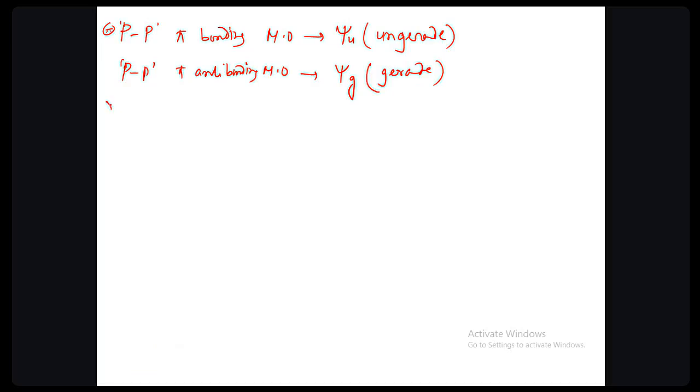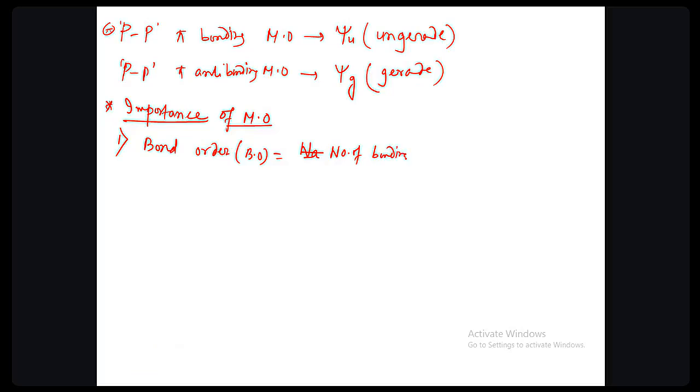Now, what is the importance of the MO diagram? Coming to the question of the importance of MO theory, the first information we can know is the bond order. We know that bond order, BO, equals the number of bonding electrons minus the number of anti-bonding electrons, divided by 2.